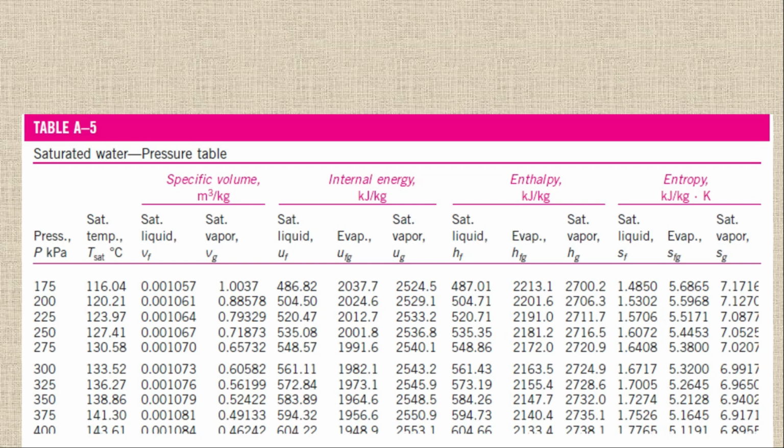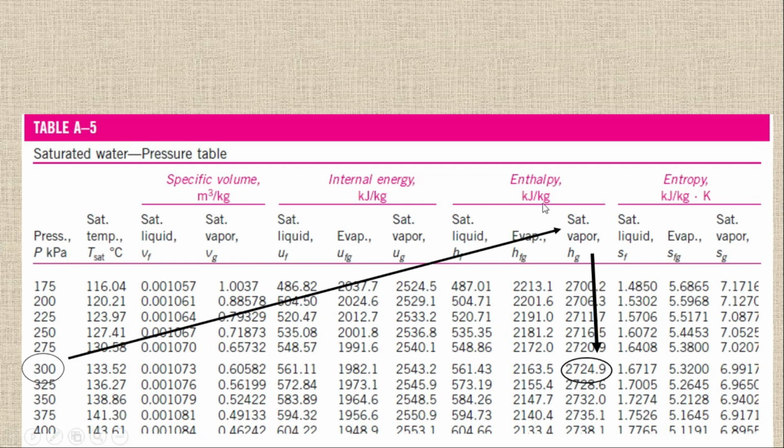The pressure is 300 kilopascal. So you can see here, this is 300 kilopascal. We have to check the saturated vapor, which is somewhere here, and then check the value of H1, and you will get 2724.9 kilojoule per kg.